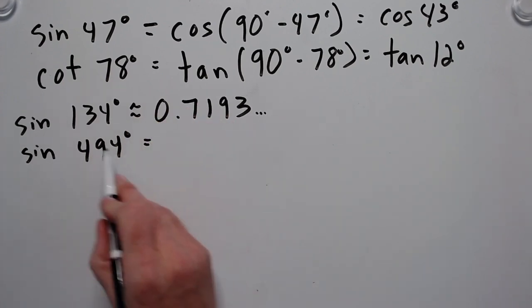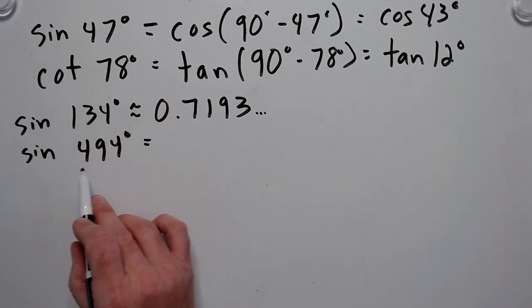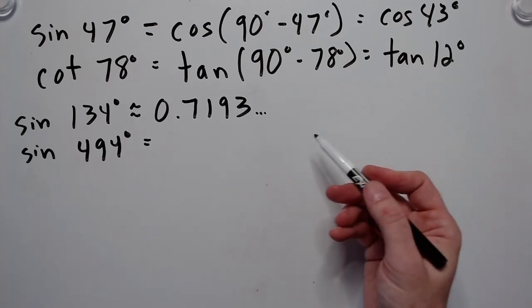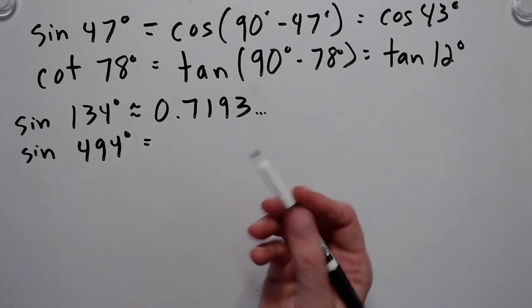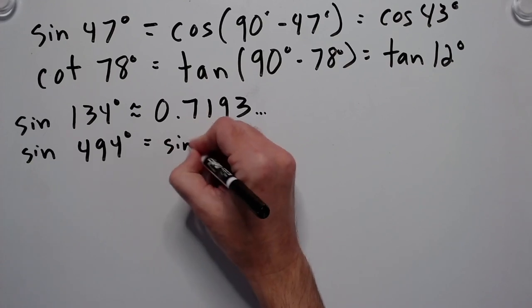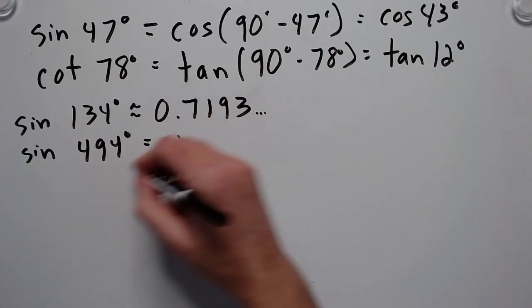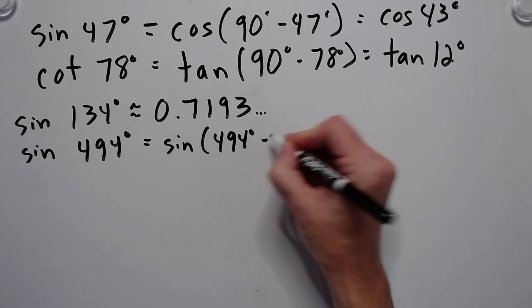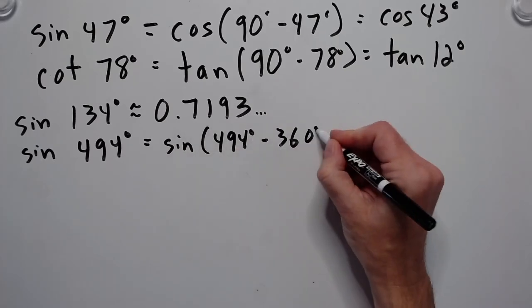Well, we've got a pretty big number here. And we know that the sine values repeat every 360 degrees. So we can take away 360 degrees, but we can write it like this. We know that the sine of 494 is equal to that number minus 360 degrees.